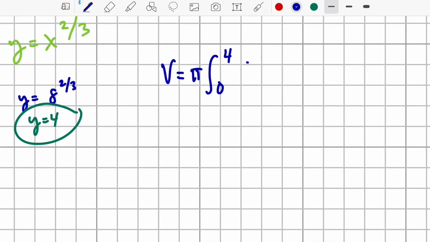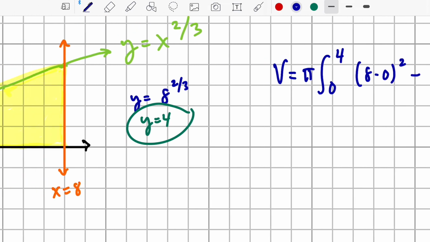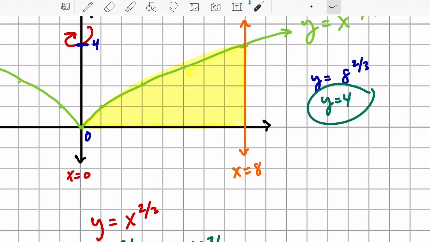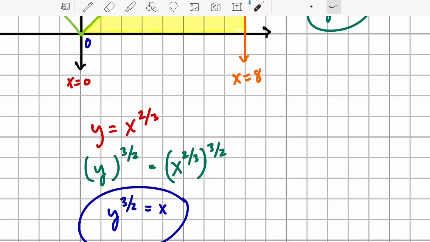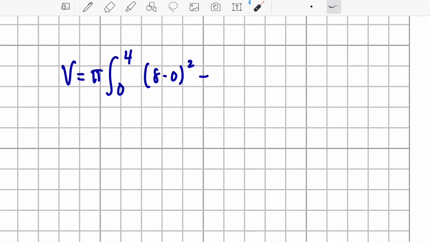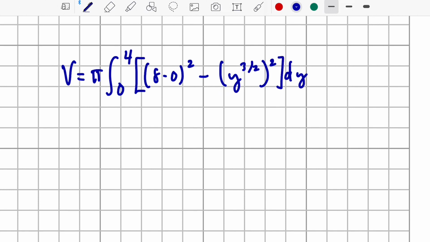So it'll be just 8 minus 0 squared minus, now the function that is closest to the axis of rotation is the green one. So it'll be that function minus 0, which is just the function. And the function is y raised to the 3/2 power. So y raised to the 3/2 power squared dy.